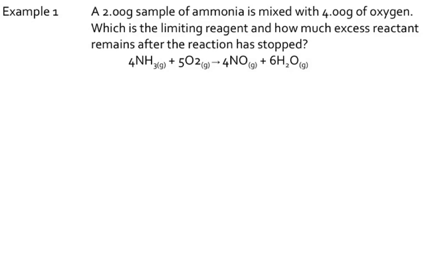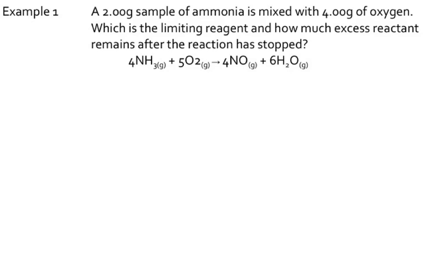Same thing happens in any chemical reaction. When we mix 2 substances or we react 2 substances, we will have enough of one substance to use it all up, but there will be excess of another substance left over. And in this section, it's our job to find out which is used all up, and we call that the limiting reagent, and which we have excess, and we call that the excess reagent.